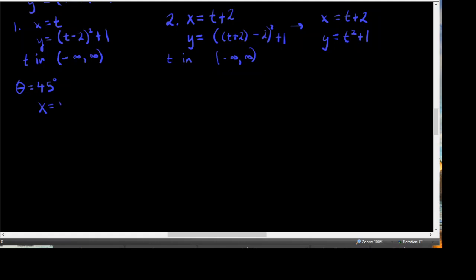The parametric equations for that will be x equals the initial velocity times the square root of 2 over 2 t, and y will be v sub naught, initial velocity, times the square root of 2 over 2 t minus 16t squared, for t in the range from 0 to some unknown number k.